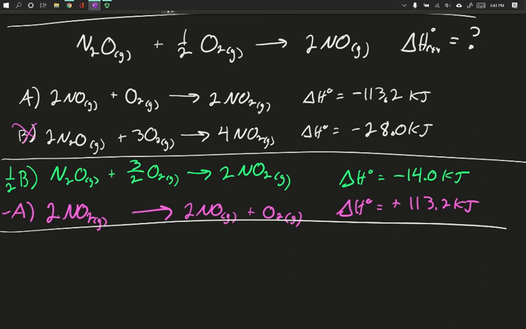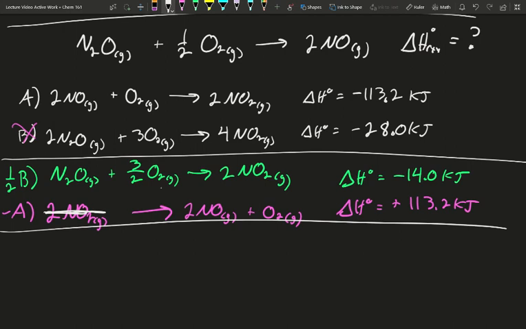So let's look. I have some NO2s on the left, and I have some NO2s on the right. 2 and 2, they will cancel out. I have some O2s on the right, and I have some O2s on the left. Well, how many? 2 out of 2 versus 3 out of 2. The 2 out of 2 will cancel on the right, but only 2 of them will cancel, leaving me with 1/2.